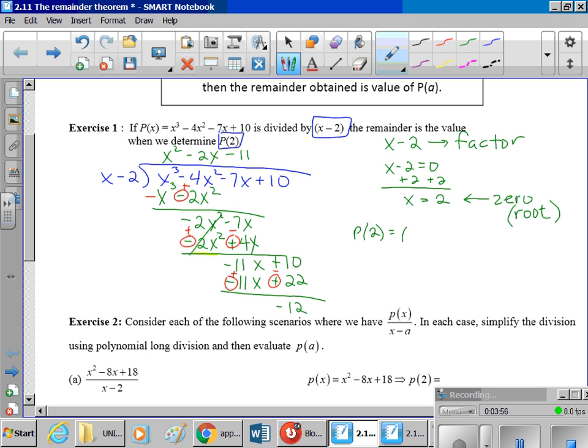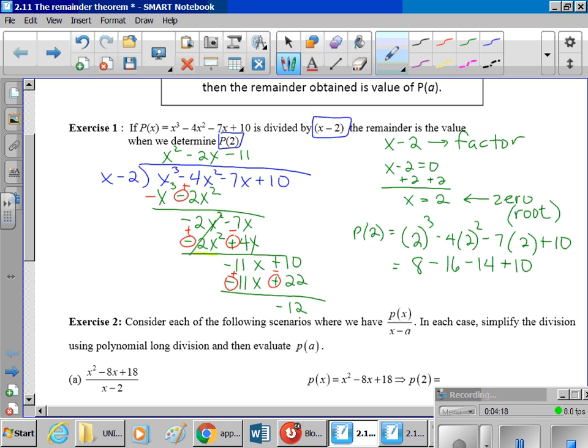So that means that's going to be 2 cubed minus 4 times 2 squared minus 7 times 2 plus 10. My advice is you put this whole thing right into your calculator. But 2 cubed is 8, minus 2 squared is 4, 4 times 4 is 16, minus 14 plus 10.